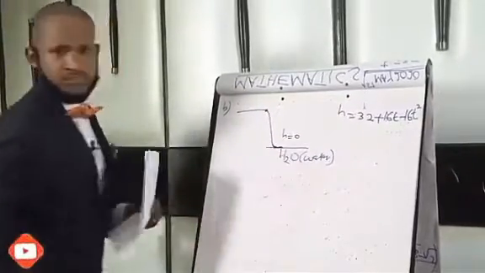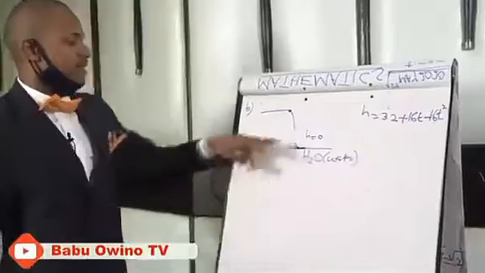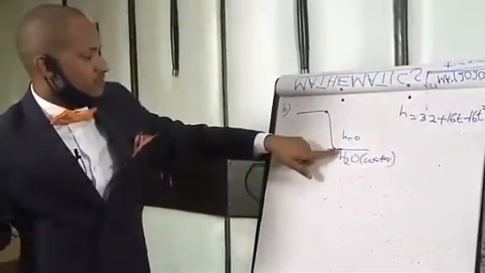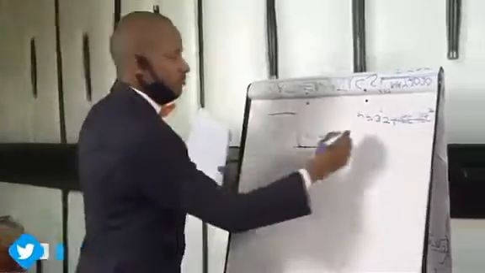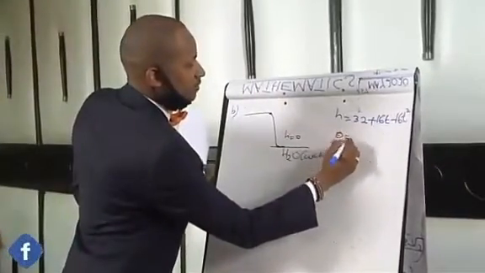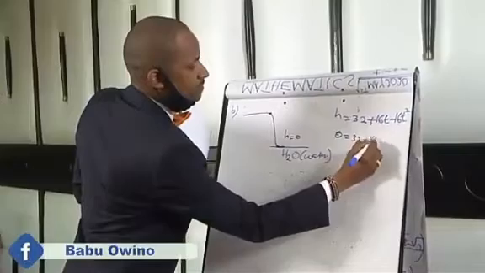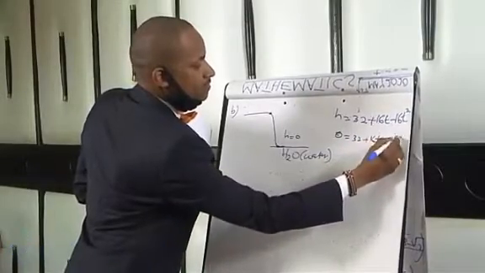Therefore, if they want the time taken for the diver to hit the water surface, we replace the height with 0. So here we have 0 equals 32 plus 16t minus 16t squared.